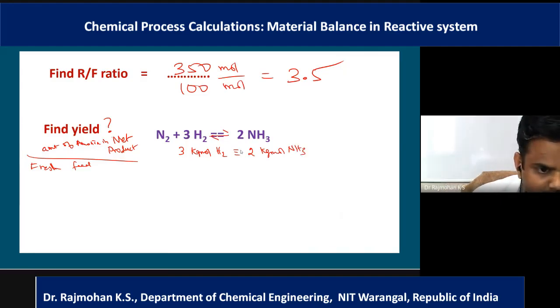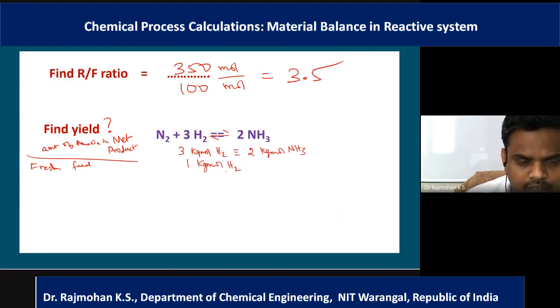So what is the meaning of that? For how much kg mole? What is the ratio in which it has reacted? That is 1. If there is 1 kg mole, there will be 2 by 3 kg mole of ammonia formed. So I can say for every 1 kg mole of hydrogen, there is 2/3 kg mole of ammonia formation.